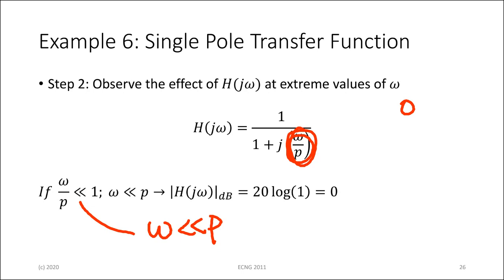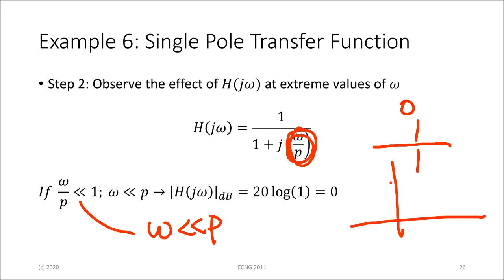At the point where omega is much less than P, whatever frequency P is, this transfer function, as far as frequency is concerned, is basically 1 over 1. And you convert that to dB, you get 20 log of 1, which is 0. So omega much less than P, the frequency response of this is close to 0.